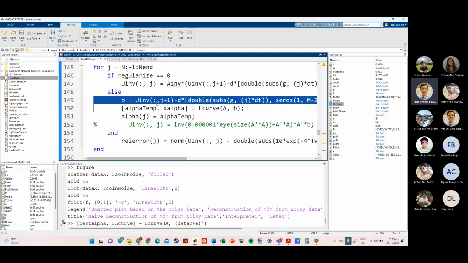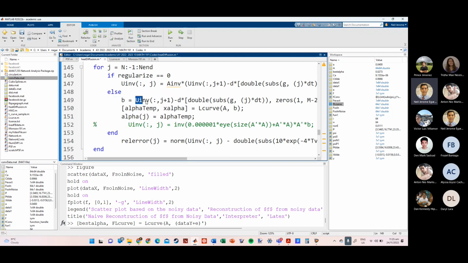Ito yung right-hand side. Ito yung current temperature value minus yung initial vectors. Tapos, ito yung gagamitin natin to get the temperature one step backward in time.